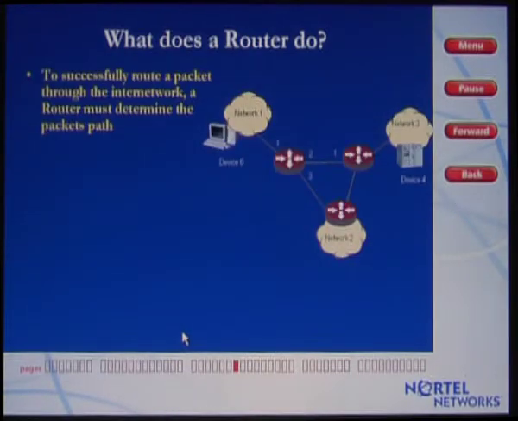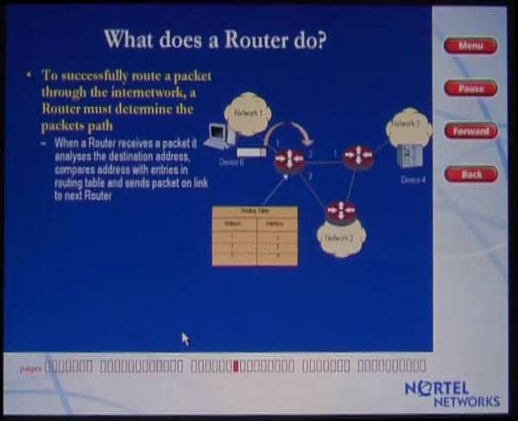To successfully route a packet through the internetwork, a router must determine the packet's path. Let us look at an example of how a routing network achieves this. Assuming that device 6 of network 1 wishes to pass data to device 4 of network 3, device 6 will generate an IP datagram.